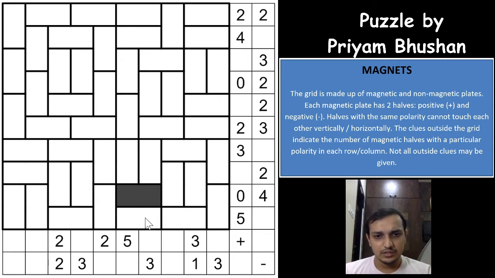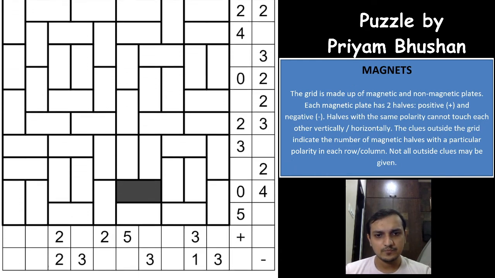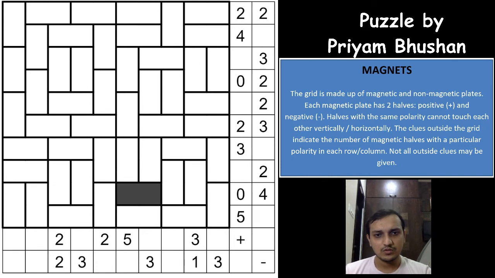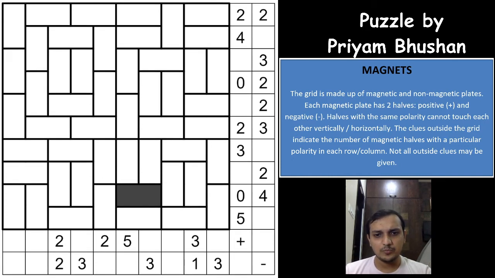And if you see the 5, you need to have 5 positives, but we are not sure about the negatives, right? So let's see if we are able to place the 5 positives here. So you know that one of these two will be a positive and the other will have to be negative, or might also not be.